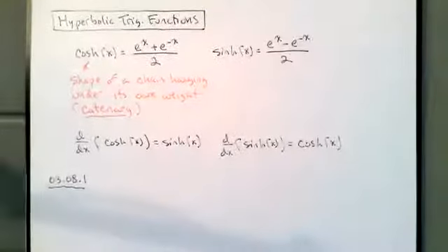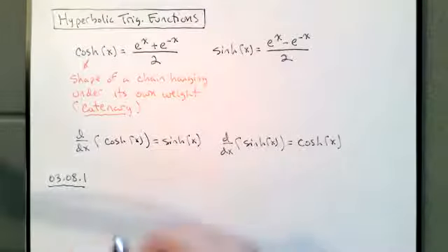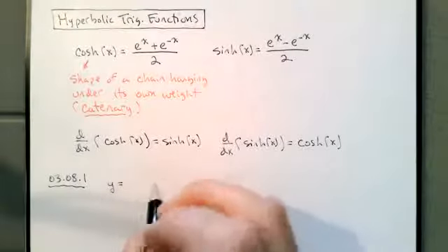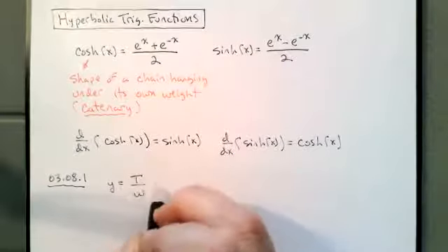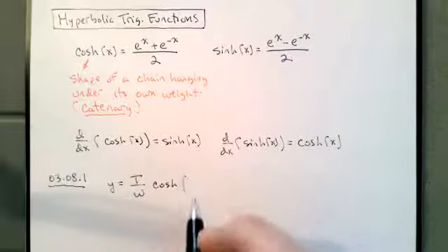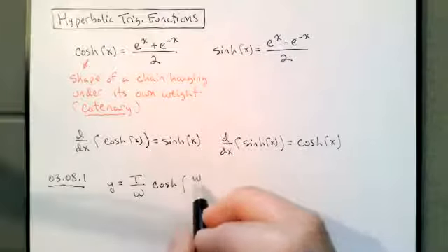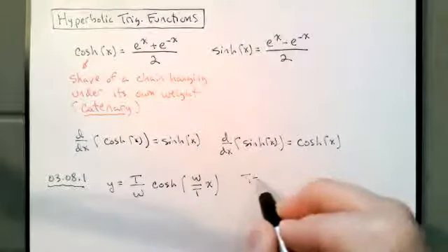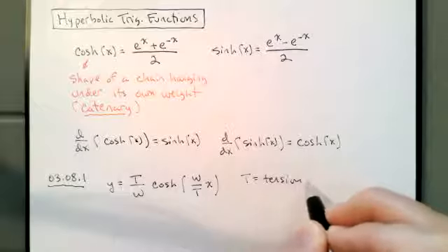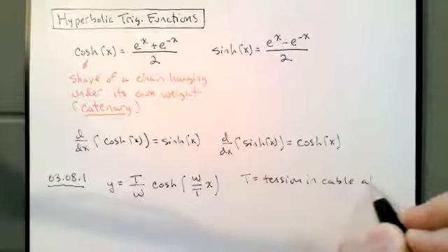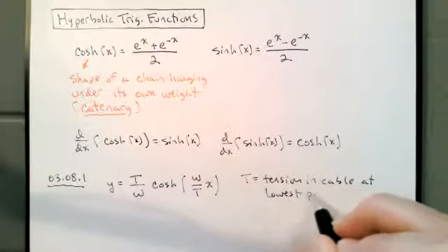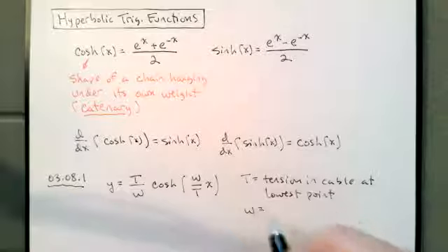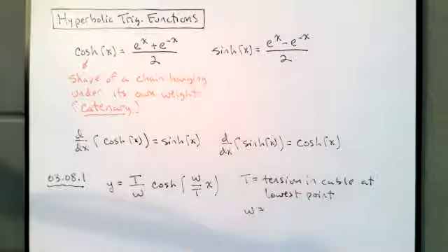We had the shape of a cable between two towers of a suspension bridge given by y equals T over W times the hyperbolic cosine of Wx over T. In this case, T is the tension in the cable at its lowest point, and W is the weight of the cable per unit length.